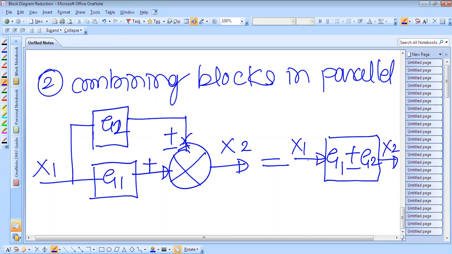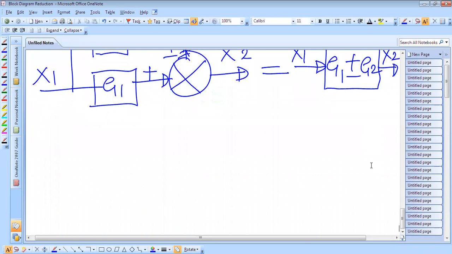So in this way, these two blocks which are in parallel can be reduced to only one block, and the gain of that block is just the addition of the individual gains, G1 plus minus G2. So in this way we can add these two blocks in parallel.